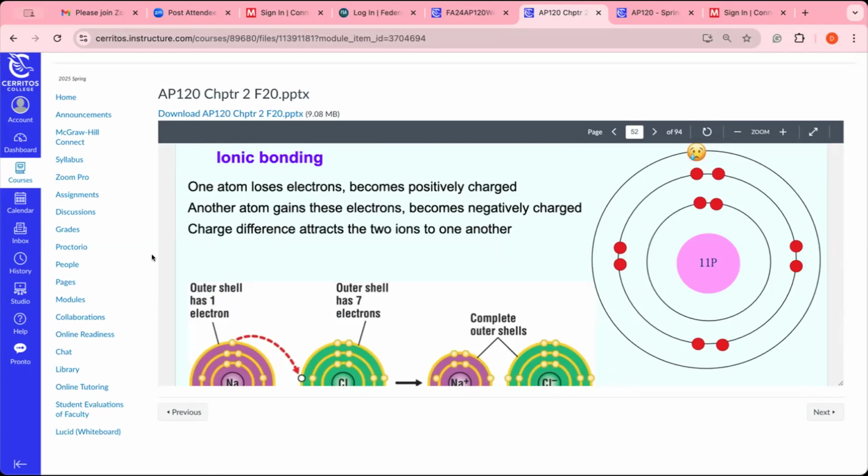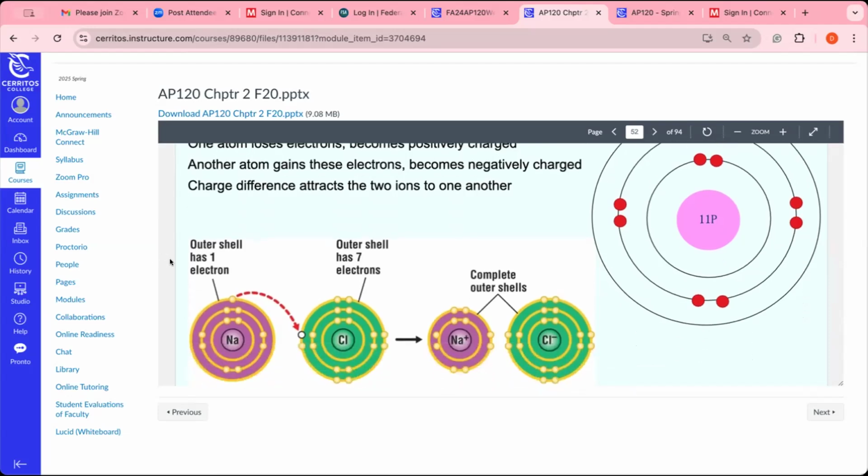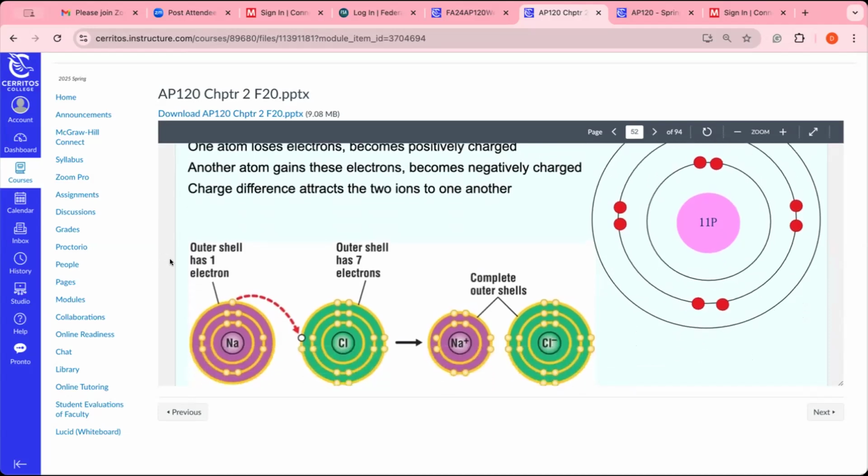So here she gives you a picture of that. The outer shell here on sodium has 1 electron. The outer shell here has 7 electrons. Remember, it wants to have 8, and it would like to have an outer shell that's complete.